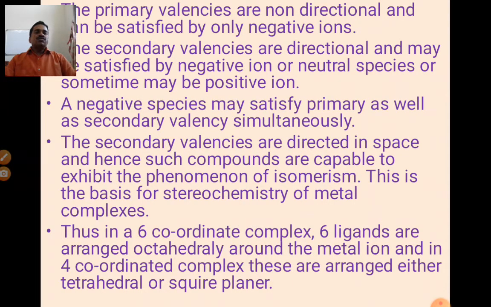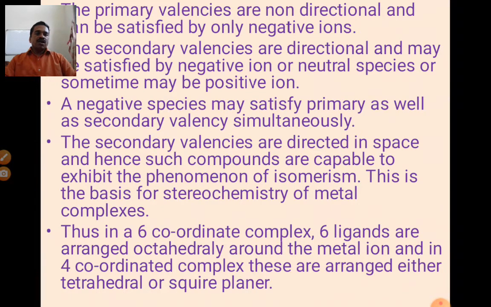The primary valencies are non-directional and can be satisfied by only negative ions, whereas the secondary valencies are directional and may be satisfied by negative ions or neutral species or sometimes by positive ions.